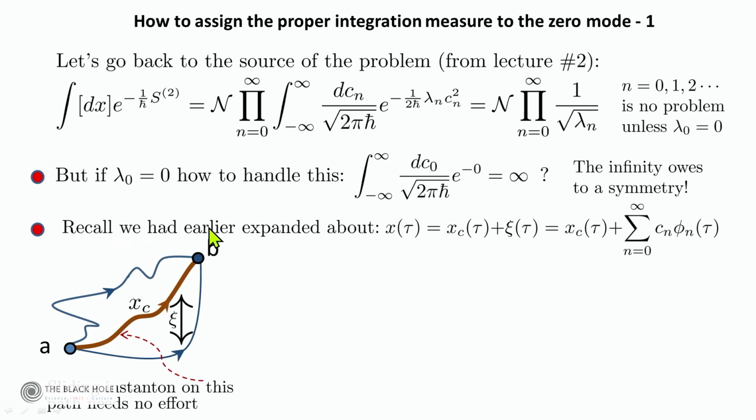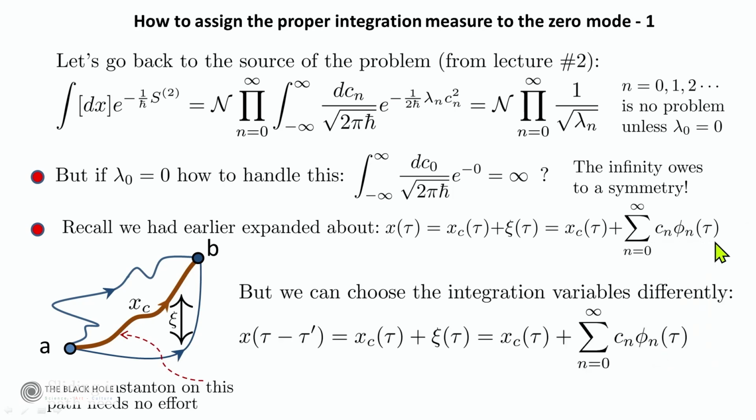So remember, earlier we had expanded around the classical path like this: classical path plus fluctuations. Now I am going to be a little more careful and say, why don't I choose a slightly different way of doing the functional integration?